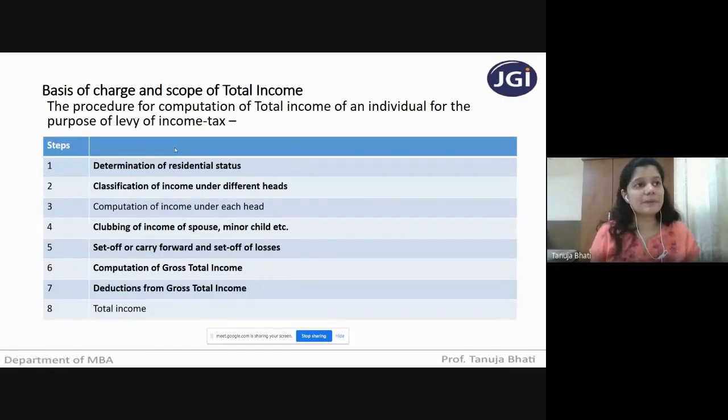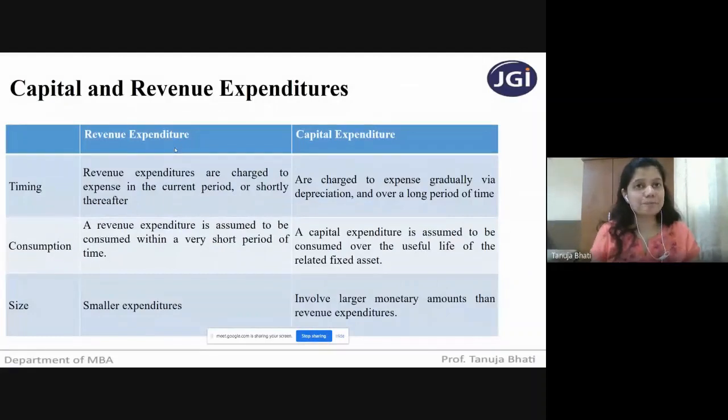I need to pay the electricity bill, salaries, stationery, and for my stock items. All these expenditures are monthly or maybe quarterly expenditures, which I'm going to charge as an expense in the current period only. So it is revenue expenditure.